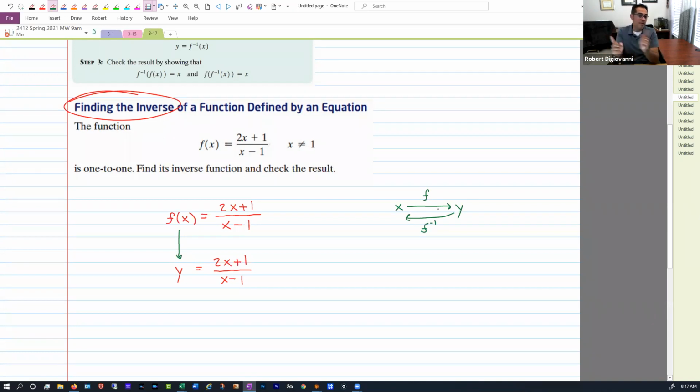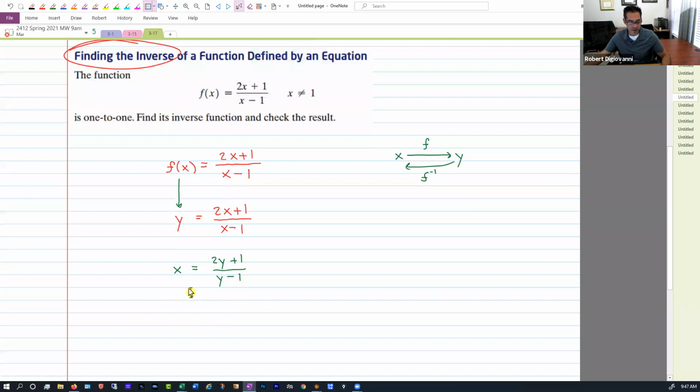So x and y basically switch places. We're going to make them switch places. x is here now, 2y plus 1, over y minus 1. Okay, so we now switch x and y.